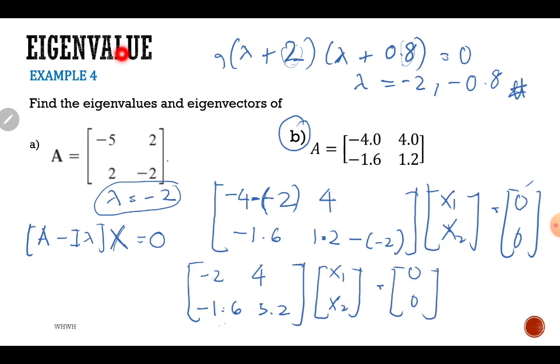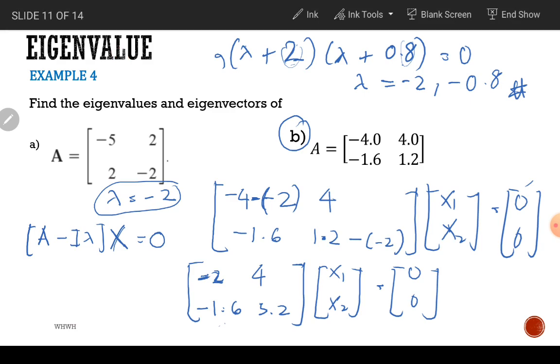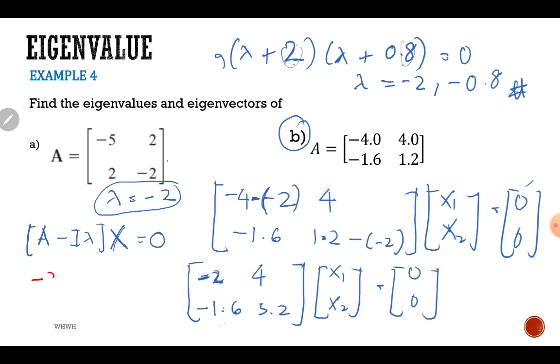So bila you darab kat sini, solve the matrix operation there, you will get -2 x1 tambah 4x2 sama dengan 0. And then yang ni pula negative 1.6 x1 tambah 3.2 x2 sama dengan 0.